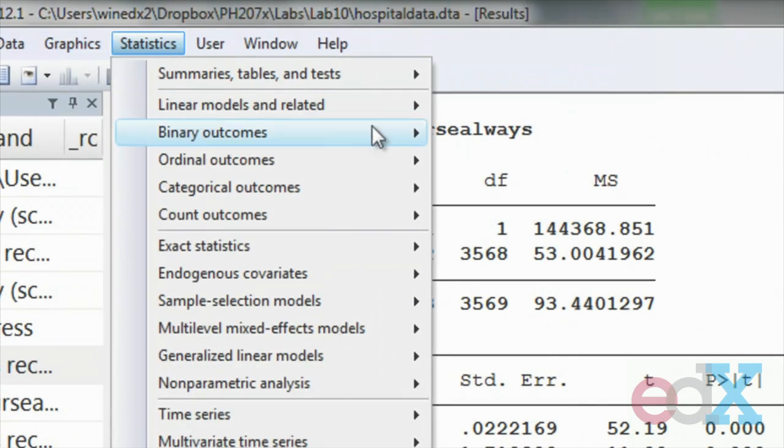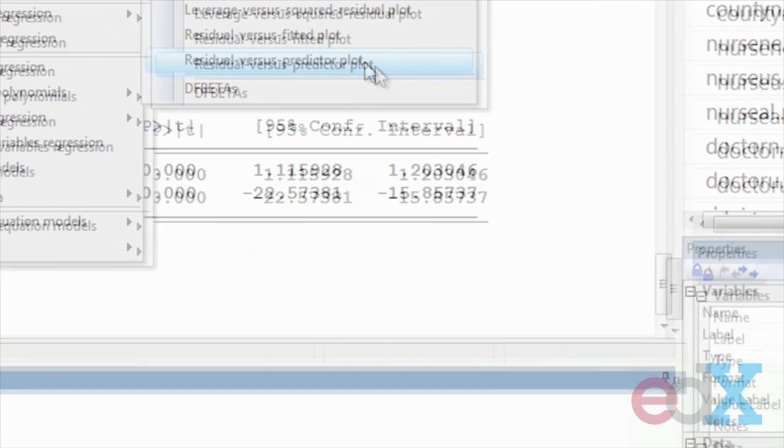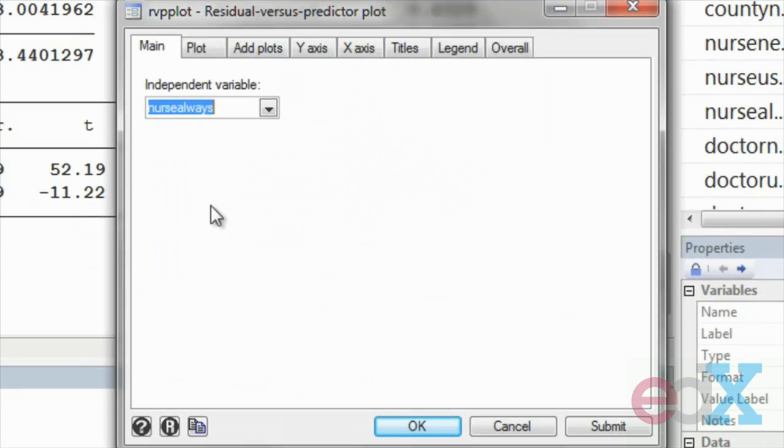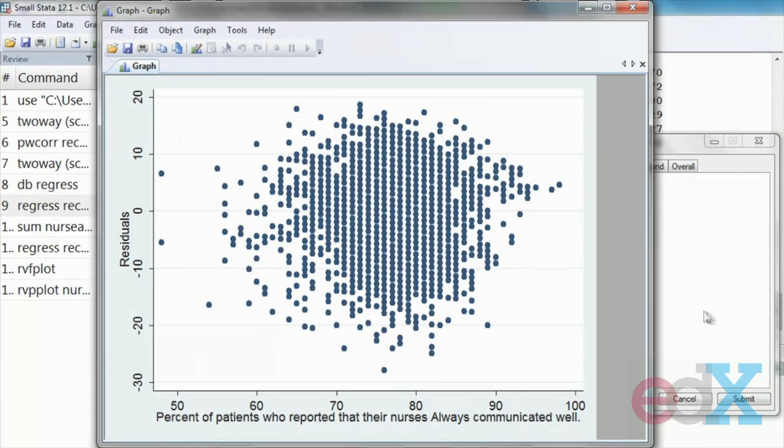Another plot we can look at under linear models and related regression diagnostics is the residual versus predictor plot. So I can look at the residuals now as a function of the covariate in the model. And again, I don't see any major trends in this residual plot. Things look okay, so I can assume that the fit of my model looks okay. I don't see any major outliers.